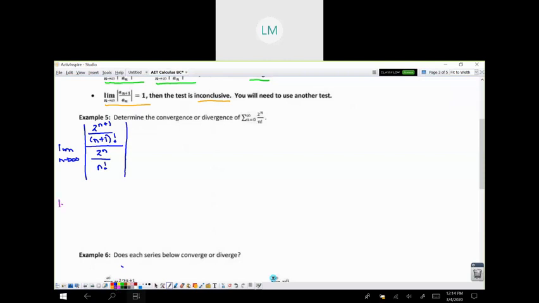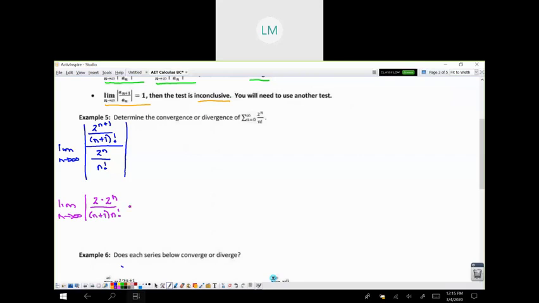We're going to use some algebra. Properties of exponents. We can rewrite 2 to the n plus 1 as 2 times 2 to the n. We can rewrite n plus 1 factorial as n plus 1 times n factorial.